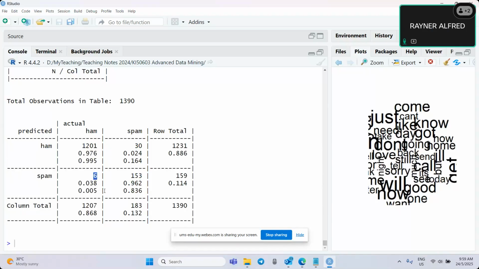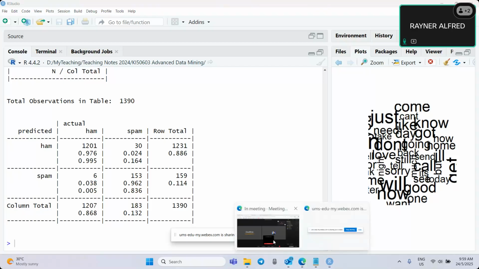So we have around 36 divided by the total of all this, which is 1390. So accuracy is around 97.5.